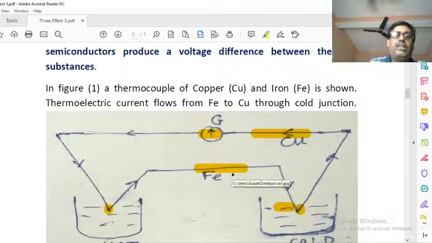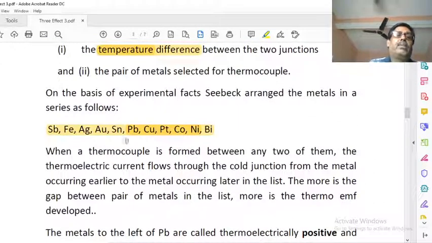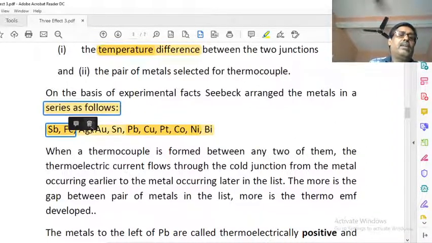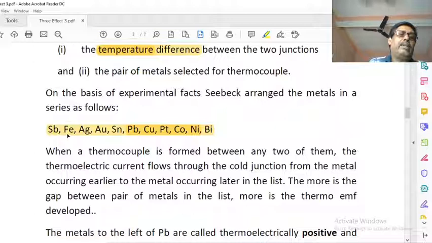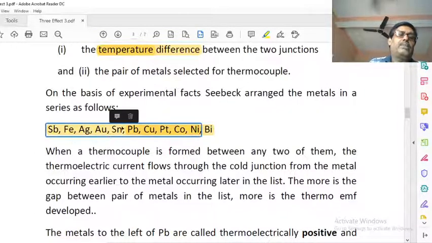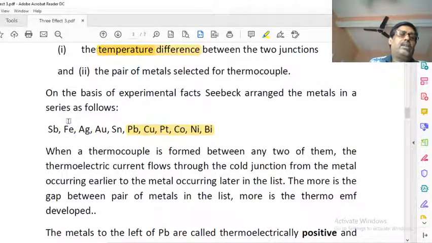Now which one is in the series first? This one. We can see Fe comes first here, and Cu comes after Fe.